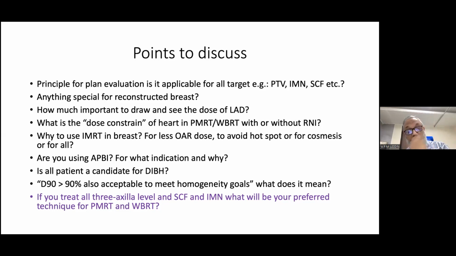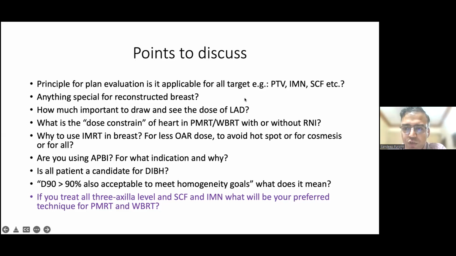So my last question: if you treat all three axillary levels because for some reason the axilla was not adequately dissected, and the unfortunate lady needs a supraclavicular field and also the IM node, what will be your selected technique for whole breast and PMRT?